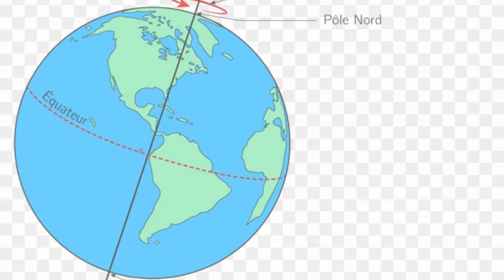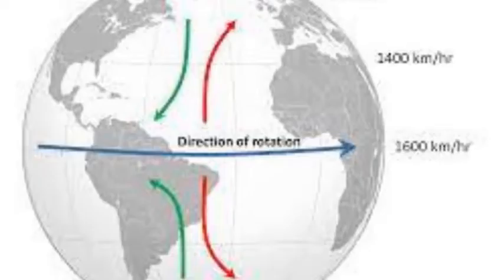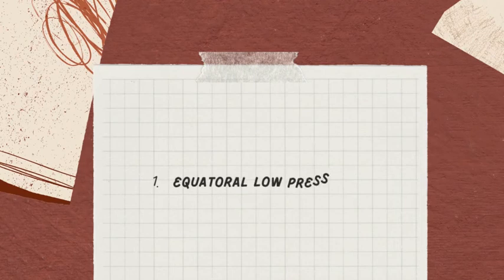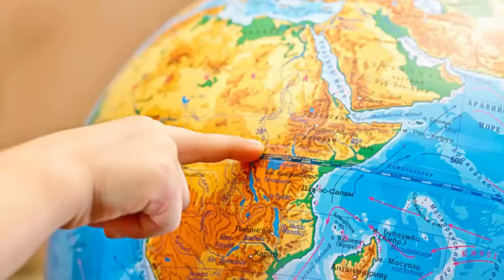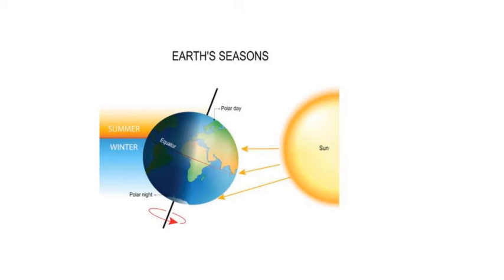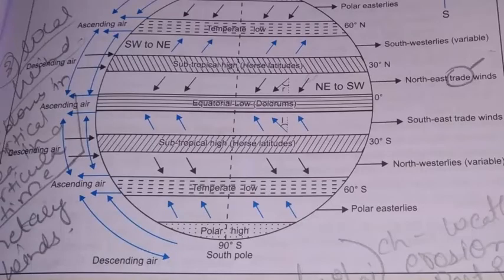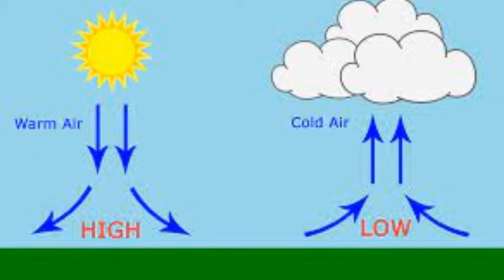First, globally, at the equator from 0 degrees towards 30 degrees north and south, we have the equatorial low pressure belt, which is an area of ascending winds that converge in mid-air. This convergence makes the air violent and gives birth to low pressure. The area is termed the doldrum.